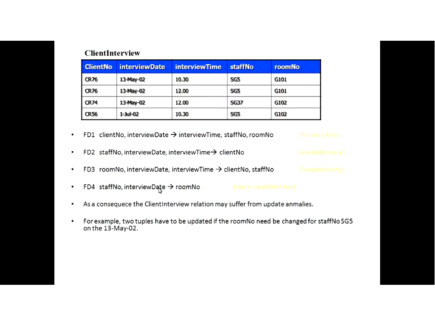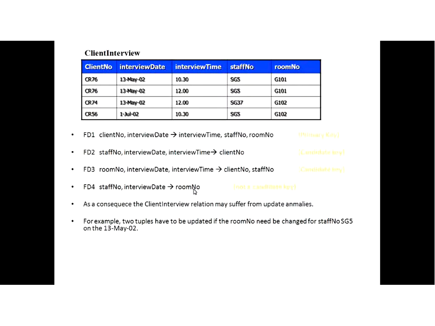And if we say staff number and interview date, it is also getting repeated, because SD5 and the interview date for SD5 in the first and second rows are the same. If we talk about room number as well, all the information is the same. It is not a primary key.